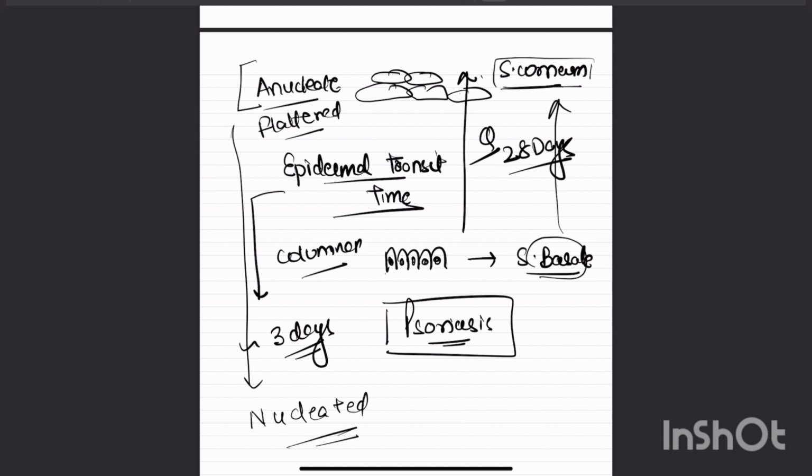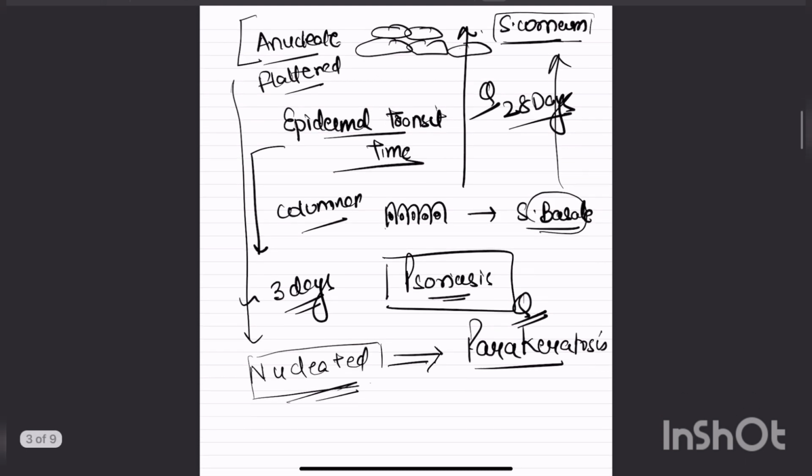Okay, so this parakeratosis is a very, very important MCQ question that is seen in psoriasis, right?